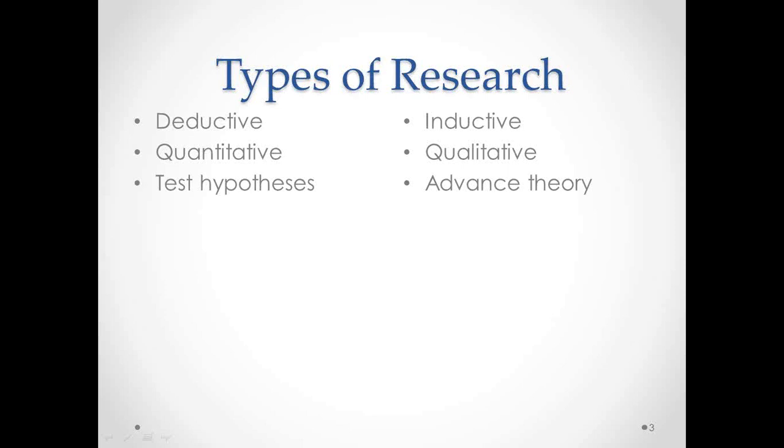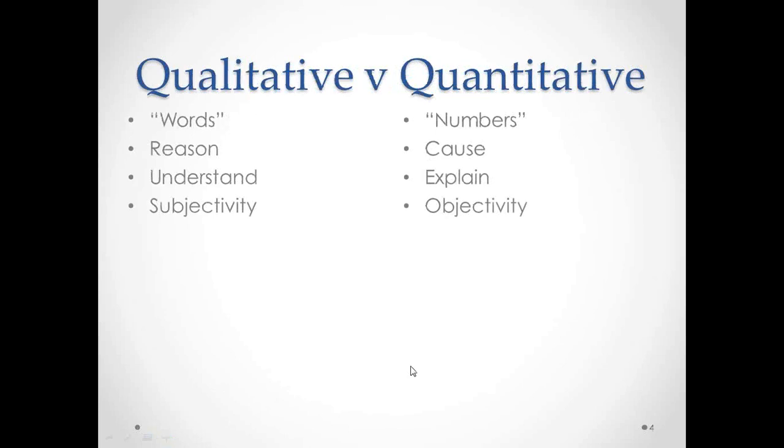And we'll talk about this in a minute, about ontology and epistemology. You need to think very carefully about where you're coming from as a practitioner, what you want to do, and how you deal with knowledge generally. So we've got these two types of research, and this is reiterating what I've just said. Qualitative research looks at words, reason and understanding, and there might be an element of subjectivity.